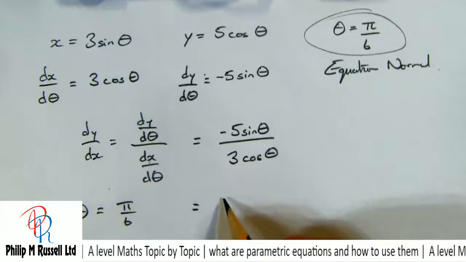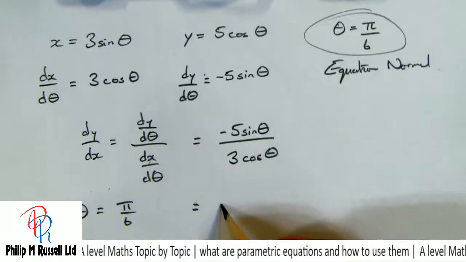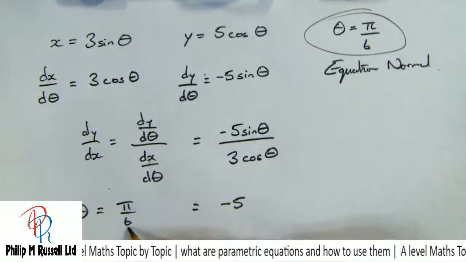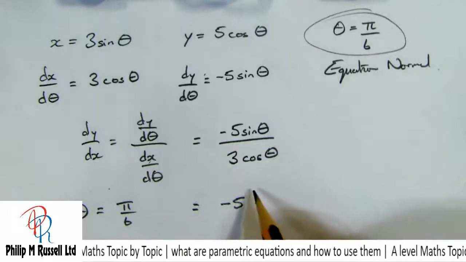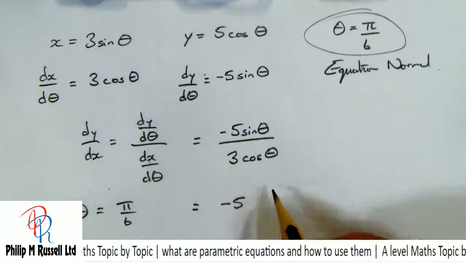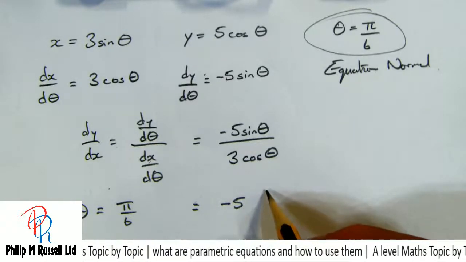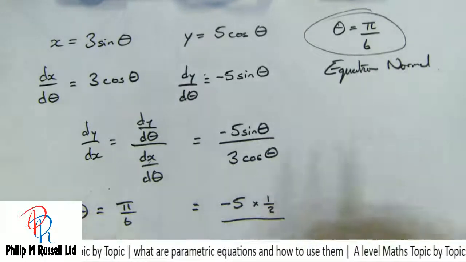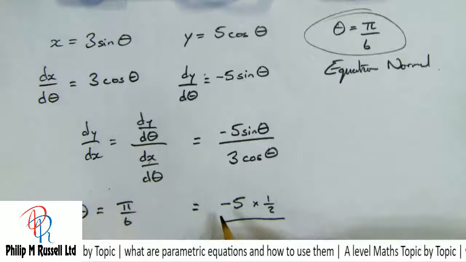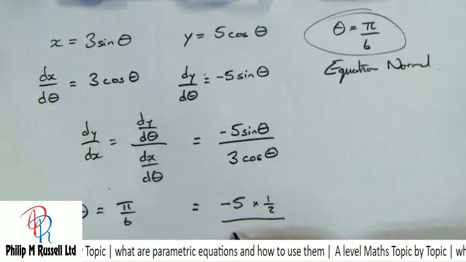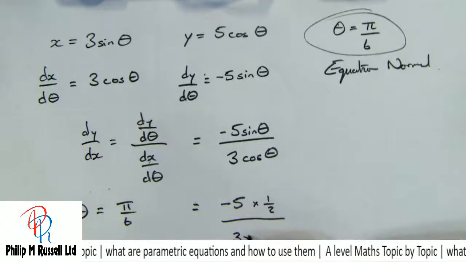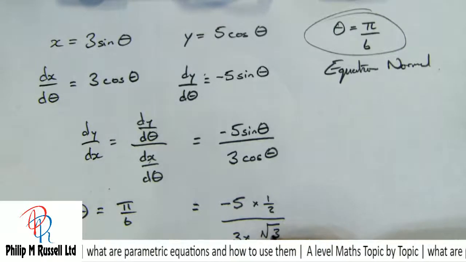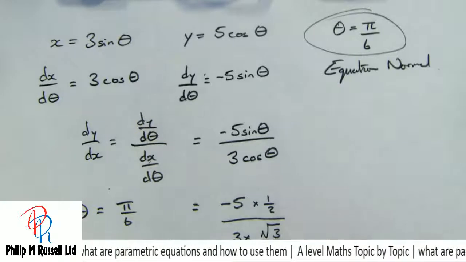When we've got that, we've then got minus 5 times the sine of pi over 6, and the sine of pi over 6 simply here is going to be a half, and I've got 3 times pi over 6 cos of that, which is going to be root 3 over 2.